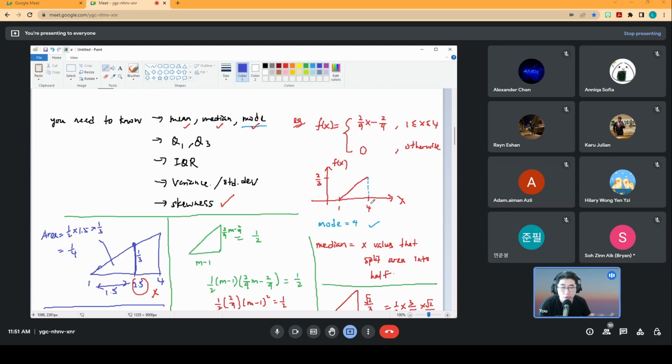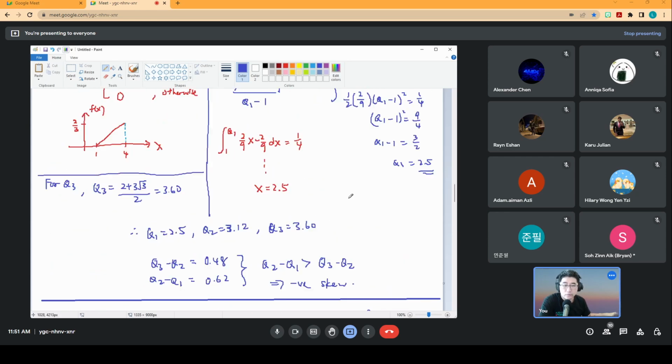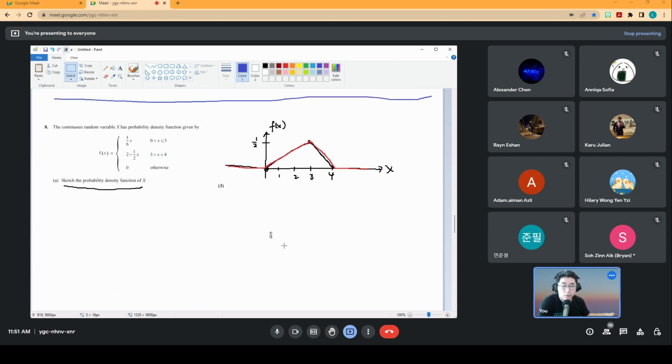So today your homework is to find this. You are required to find the mean, median, mode, Q1, Q3, skewness, and variance.